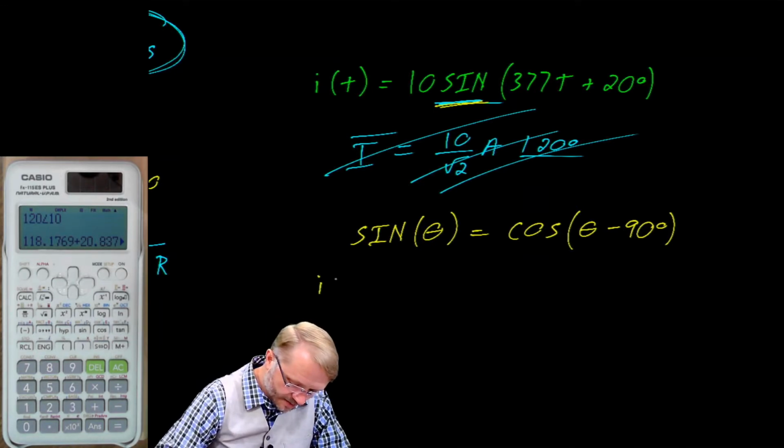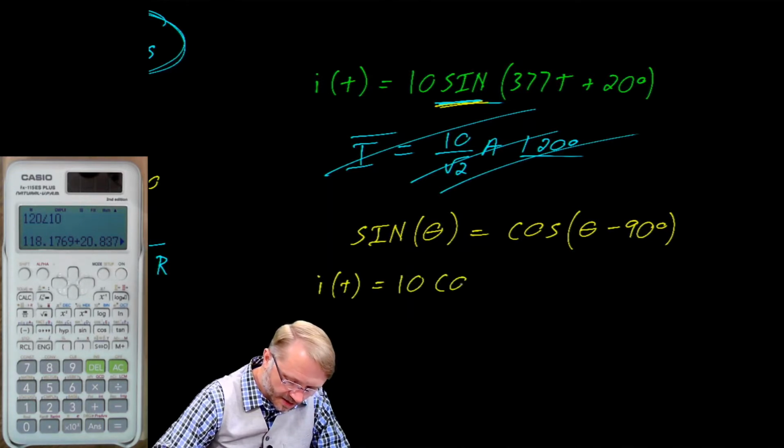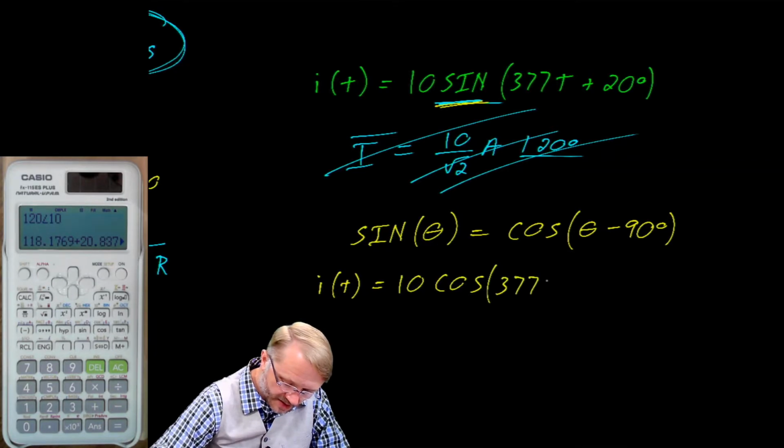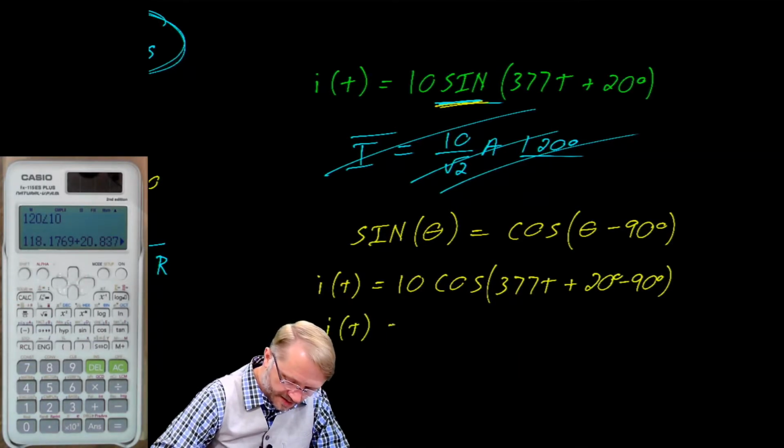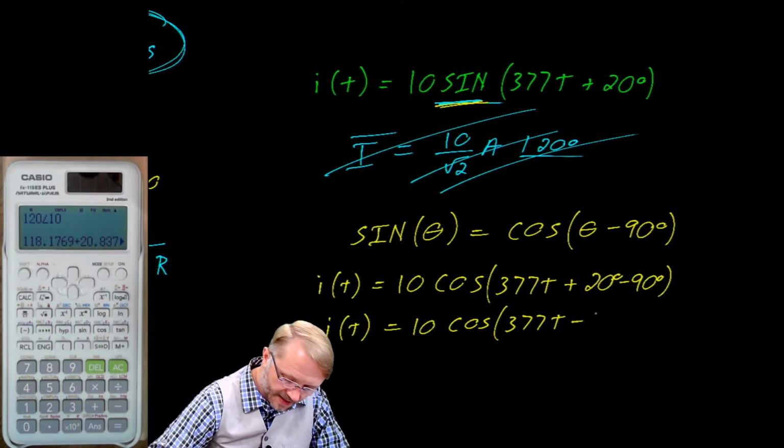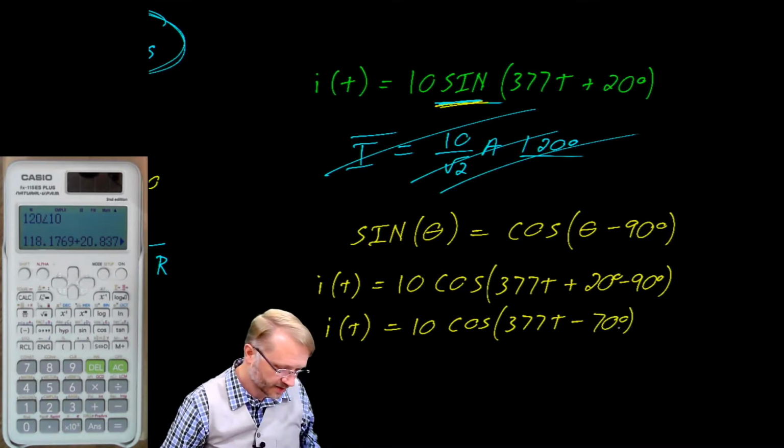So in the time domain, I of t is equal to 10 cosine of 377t plus 20 minus 90 degrees. So your current is 10 cosine of 377t minus 70 degrees.